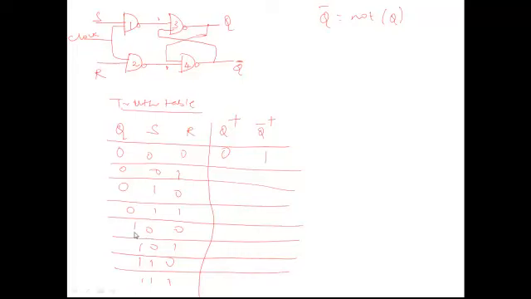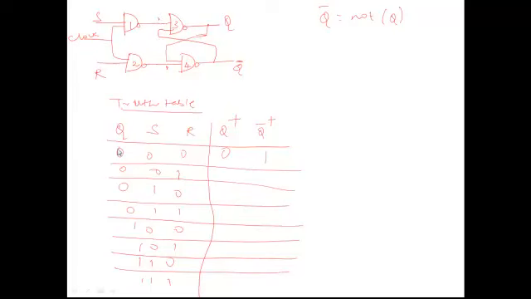Please understand, when S is 0 and R is 0, as we know the rule of the NAND gate, if any one input is 0, the output is 1. Directly, without knowing the other input, we can say the output is 1. So I am writing 1 here. But we cannot directly write the current output, because if one input is 1, we have to wait for the other input. Then only can we say what the output is.